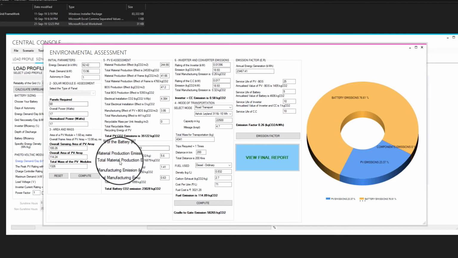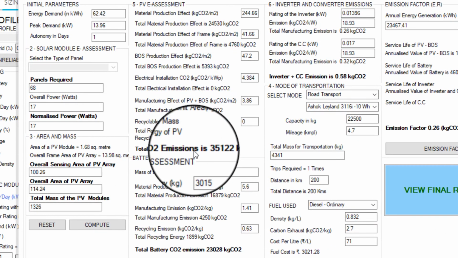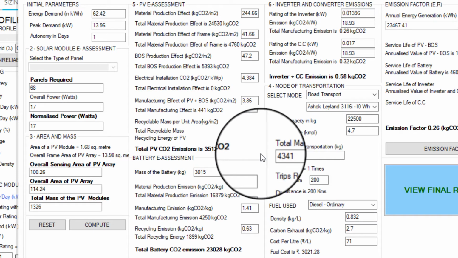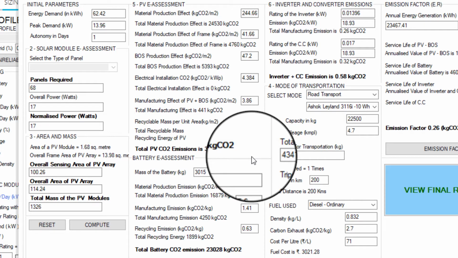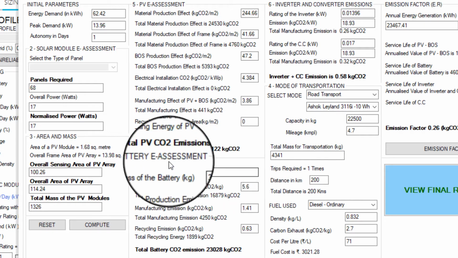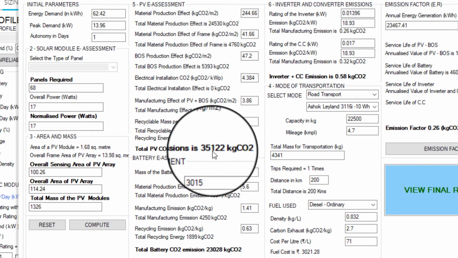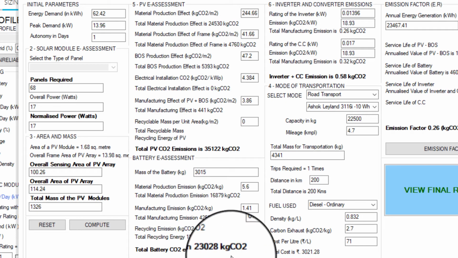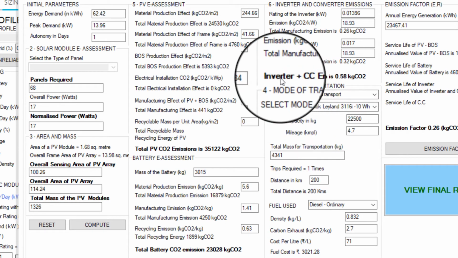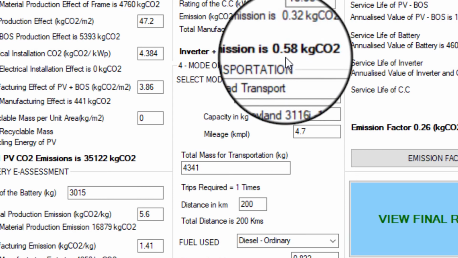After all, we get the total PV CO2 emissions, that is how much CO2 is generated while PV is being manufactured and transported. This is around 35 ton CO2, and battery is around 23 ton CO2, and inverter plus charge controller emission is around 0.58 kilogram CO2.